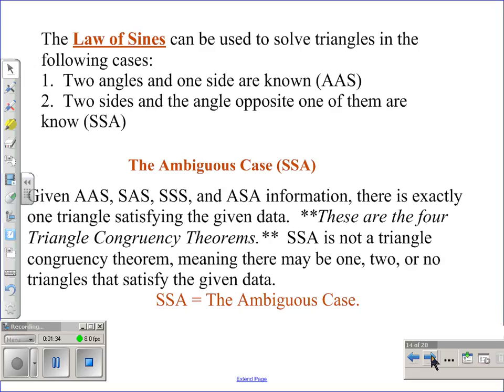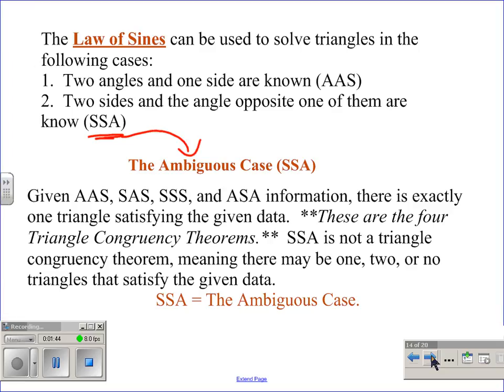The side-side-angle case is also known as the ambiguous case. It's not as clear-cut as the other cases we've talked about, using the law of cosines or the angle-side cases with the law of sines. The reason is that if you're given angle-side-angle or side-angle-angle, there's going to be exactly one triangle that satisfies that data.